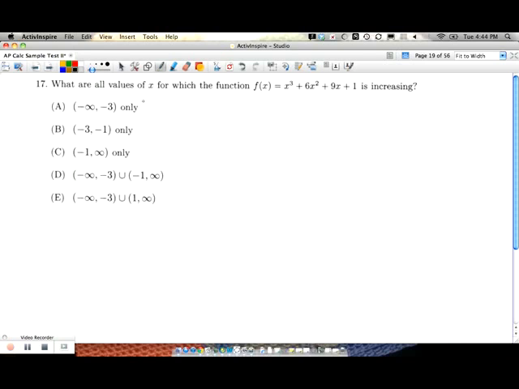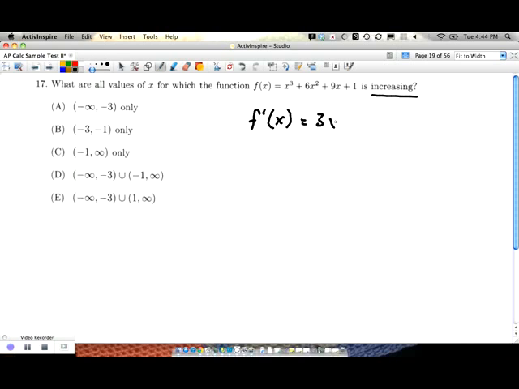What are all values of x for which the function is increasing? Whenever you hear the words asking you when is it increasing, decreasing, max, min, point of inflection, all that stuff, that's curve analysis interpretation. We need to know the derivatives in order to figure that out. Let's look at the first derivative. F prime of x, it's a polynomial, so this should be pretty straightforward.